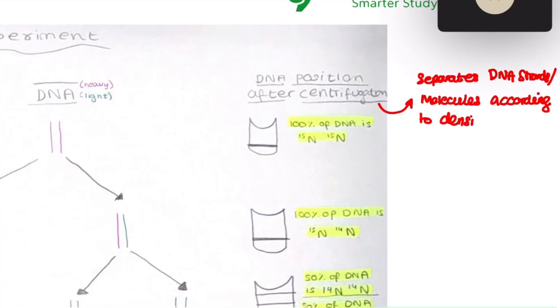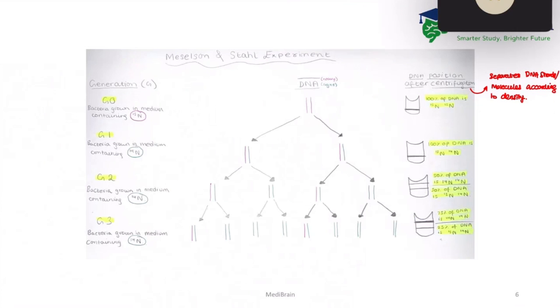Basically, in this experiment you have a solution of bacteria, and you add different isotopes of nitrogen, and the bacteria will take in the nitrogen to make new DNA, and then you would see how much of that specific DNA has been made.